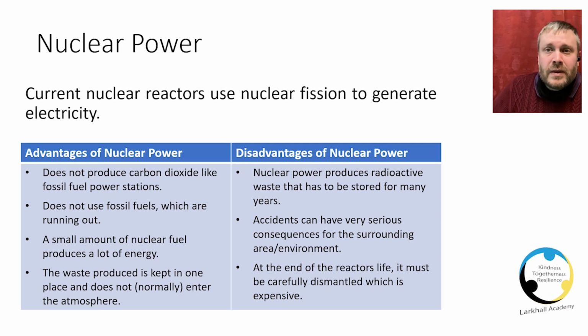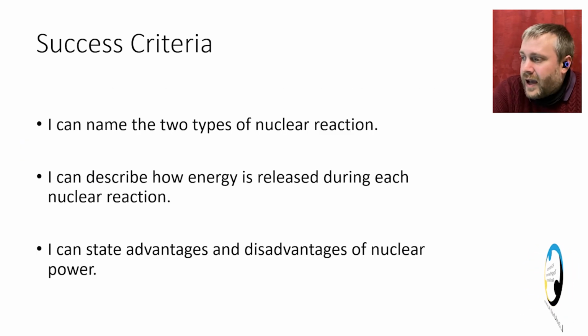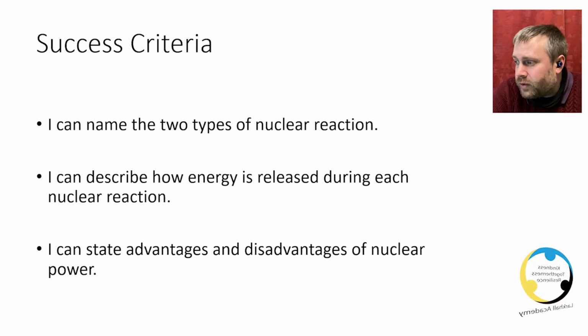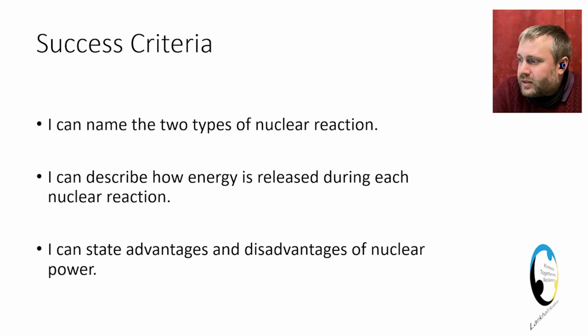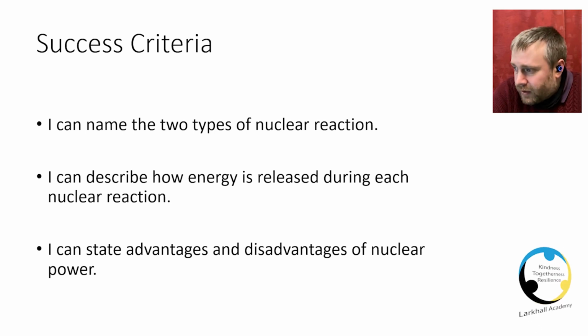So just to recap then, just before I finish up here, success criteria. I can name 2 types of nuclear reaction. Hopefully you're there already, hopefully you've got that done. I can describe how energy is released during each nuclear reaction. Again, I'm hoping you've managed to pick that out now.